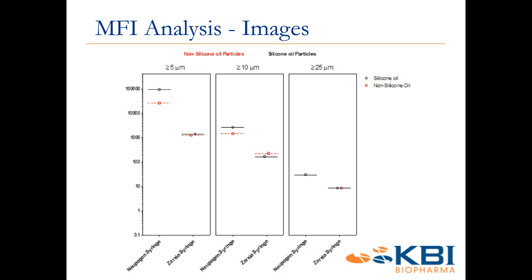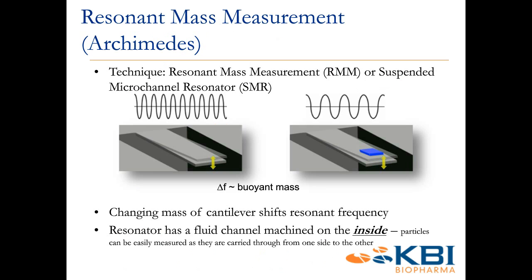But where that starts to drop off is around 8 to 6 micron, is what I observed, where the accuracy of classifying particles based on the image is quite difficult just due to the pixel limitations of particles of that size. So that's where we bridge that data with another technique, resonant mass measurement. We have the Archimedes to perform this type of analysis.